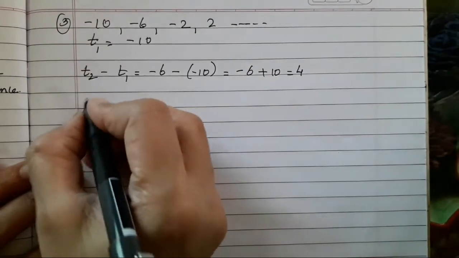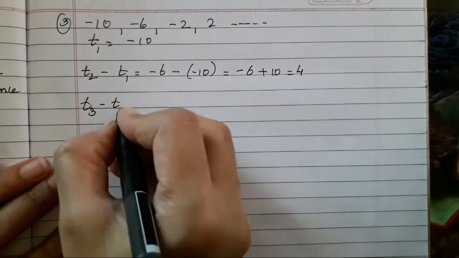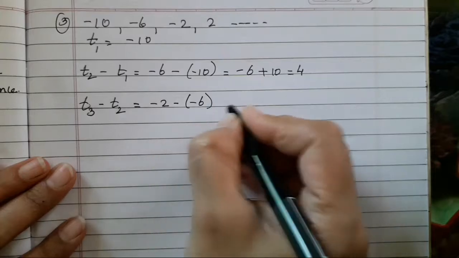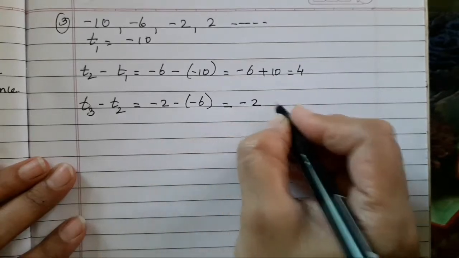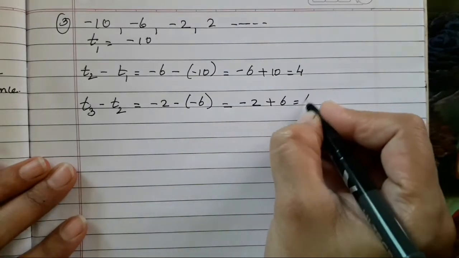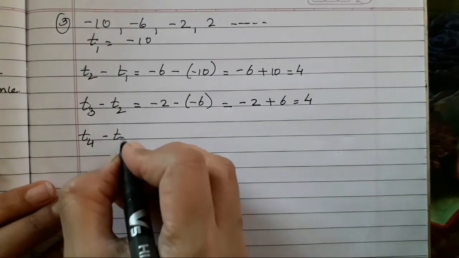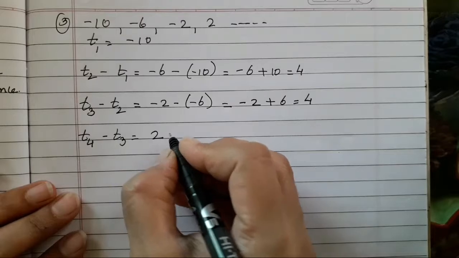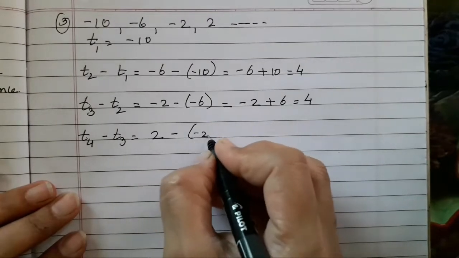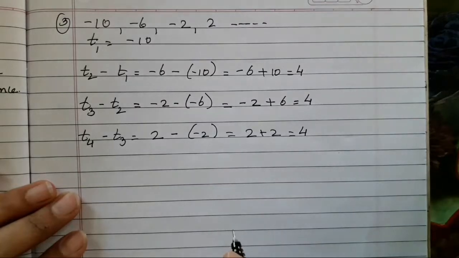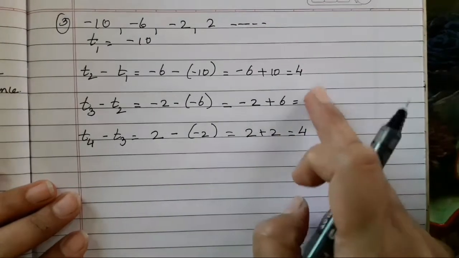I hope you all understand that. T3 minus T2 is minus 2 minus minus 6, which is minus 2 plus 6, equal to 4. T4 minus T3 is 2 minus minus 2, which is 2 plus 2, equal to 4.